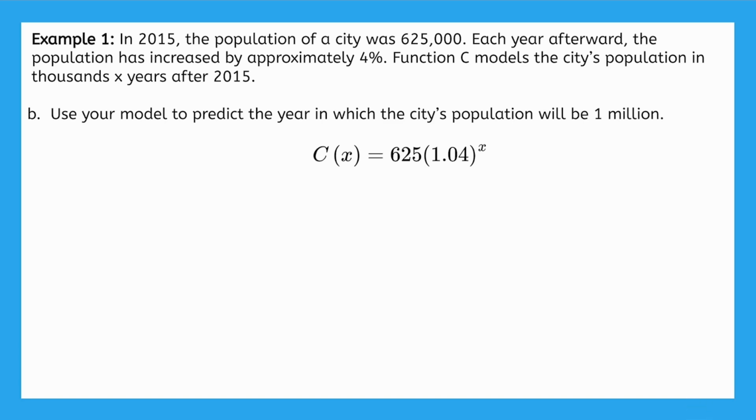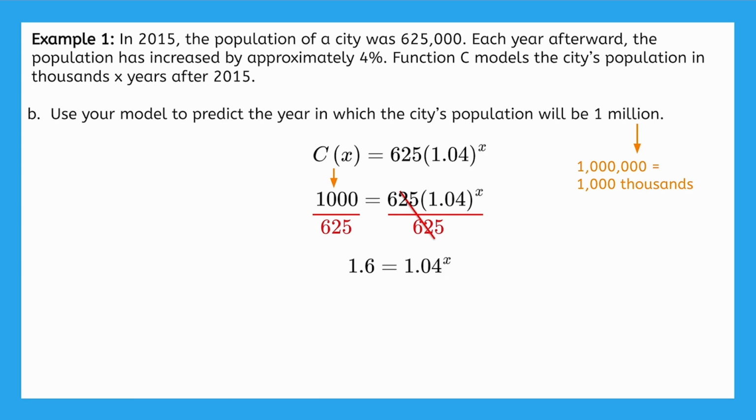A population of 1 million is equal to 1,000 thousands, so we can replace c of x with 1,000 and then solve for x. We divide both sides by 625, which results in 1.6 equals 1.04 to the power of x. And then we ask ourselves, what exponent turns 1.04 into 1.6?